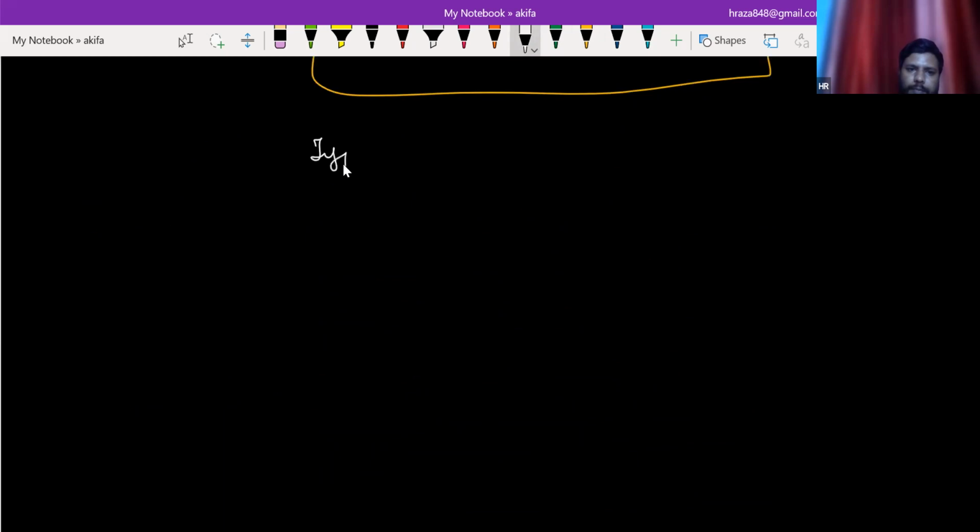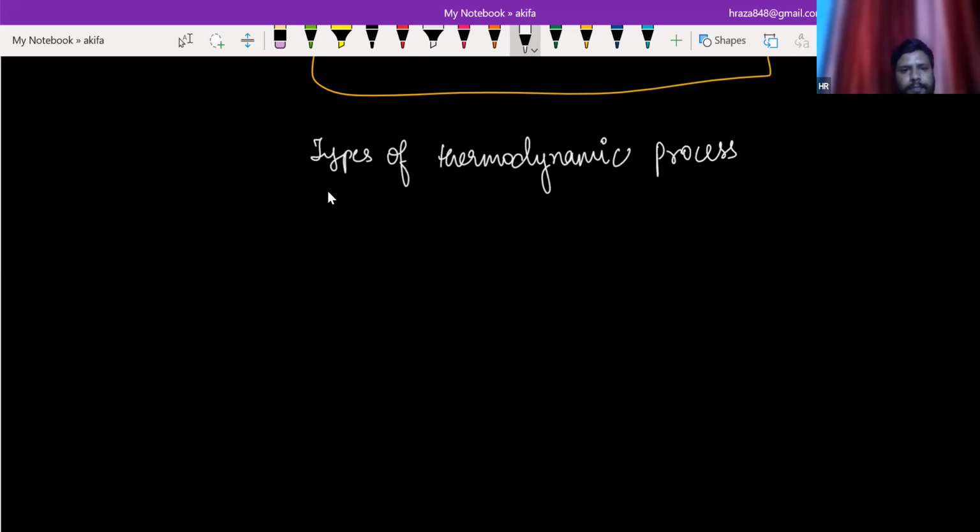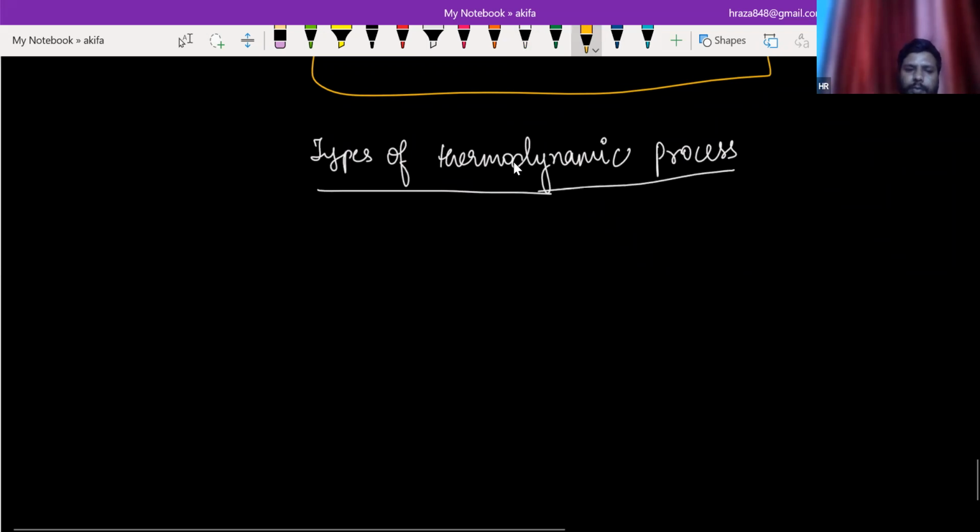Types of thermodynamic process. The first process is basically isothermal.